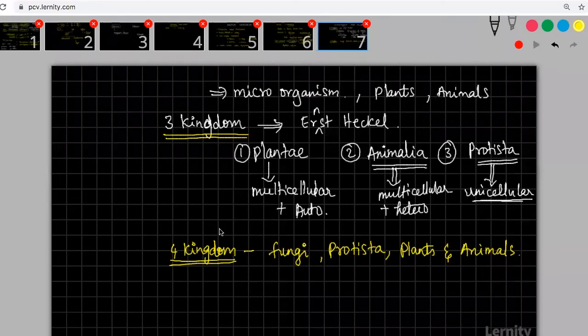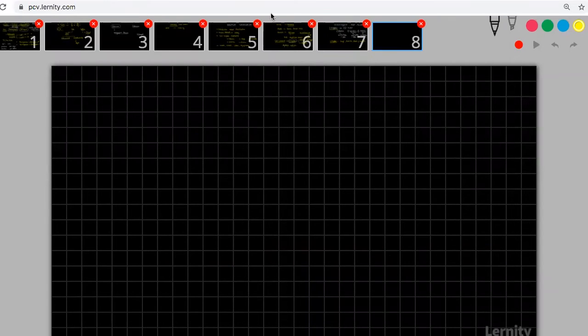But finally, what happened? They said five kingdom classification is better. And then they moved on to, now there was a scientist who was called Whitaker. So this person called Whitaker came up with a classification system called a five kingdom classification, which will include Monera.